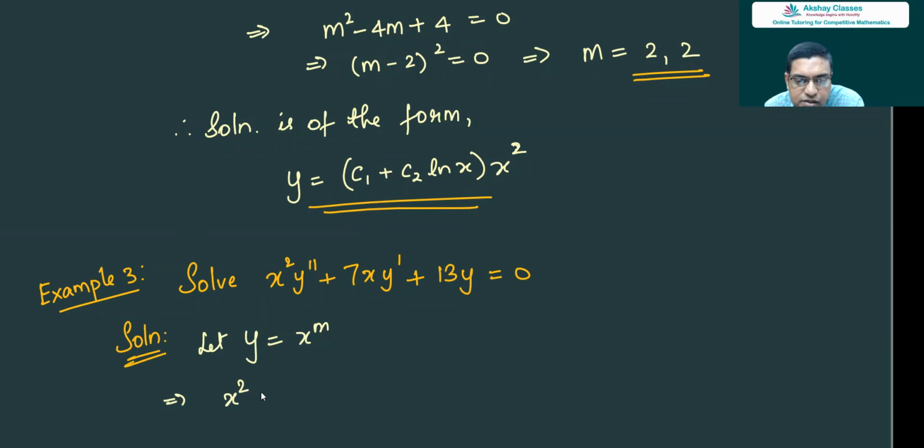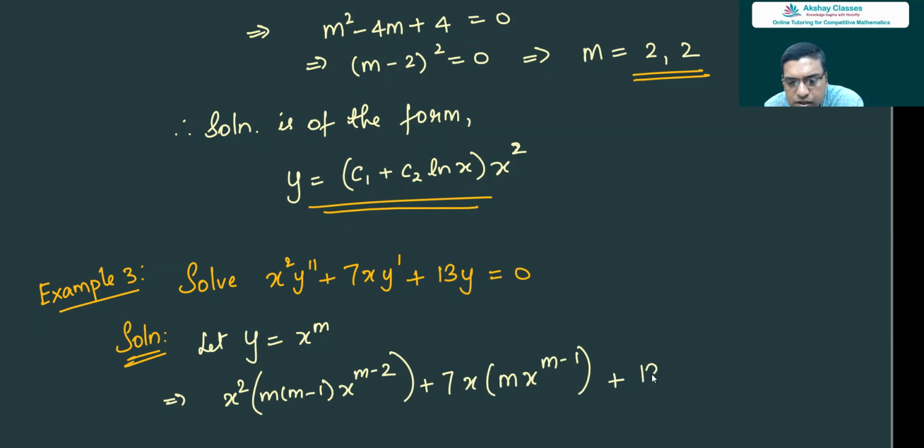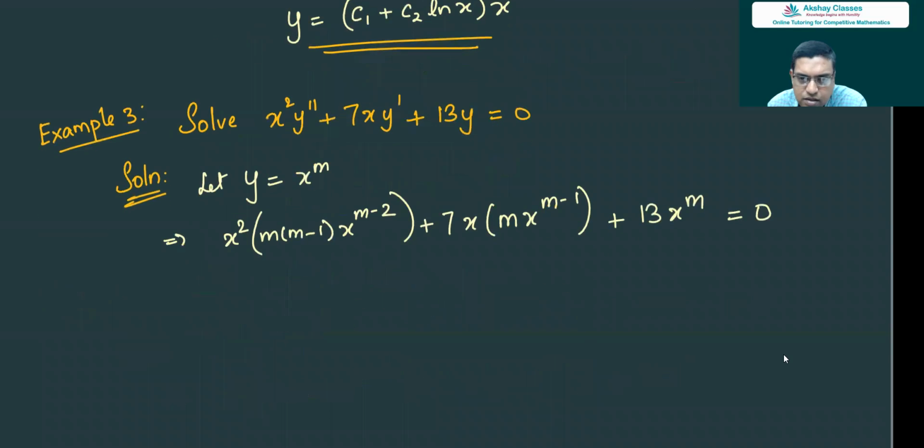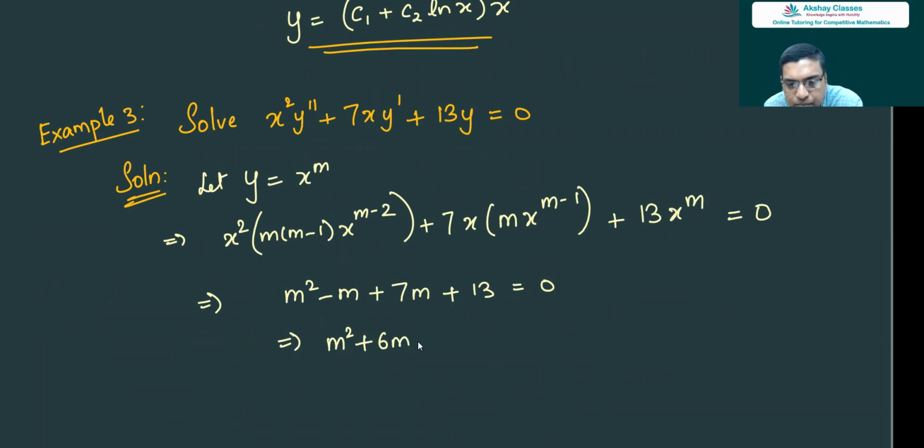This gives x square into m into m minus 1 x to the power m minus 2 plus 7x into m into x power m minus 1 plus 13x power m is equal to 0. So take out x power m terms throughout, and we have m square minus m plus 7m plus 13 equal to 0. So we have m square plus 6m plus 13 equal to 0.